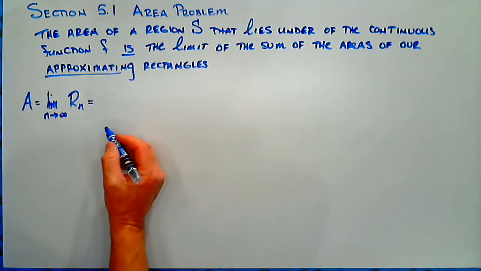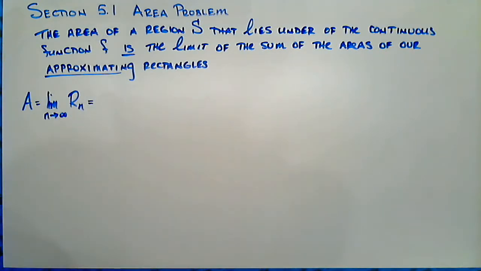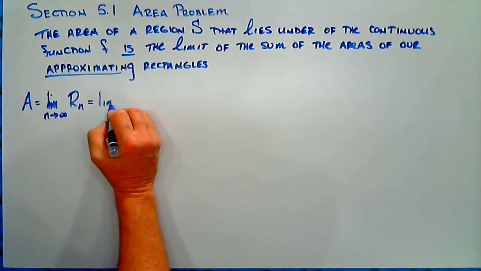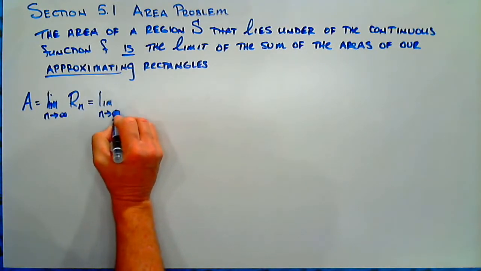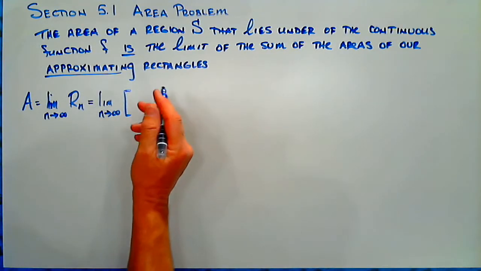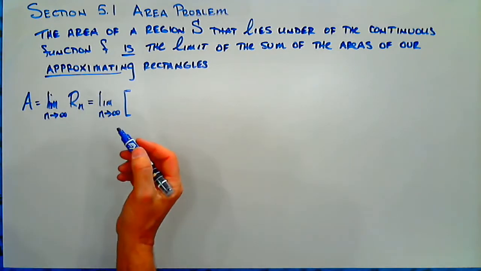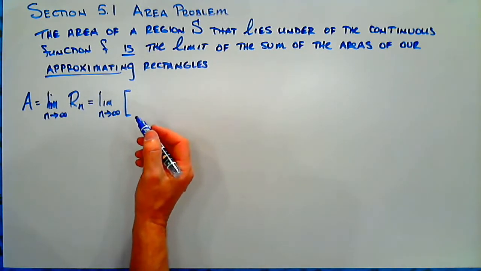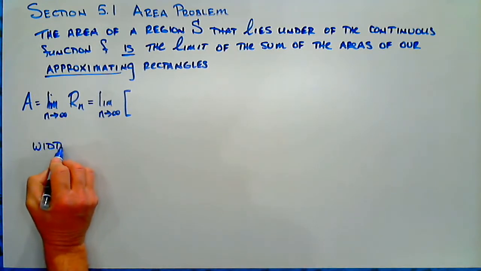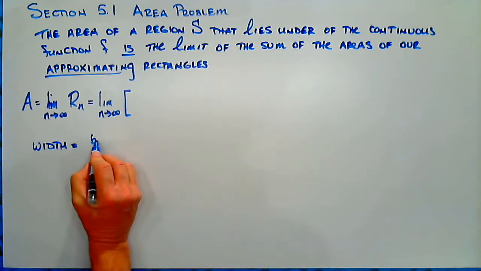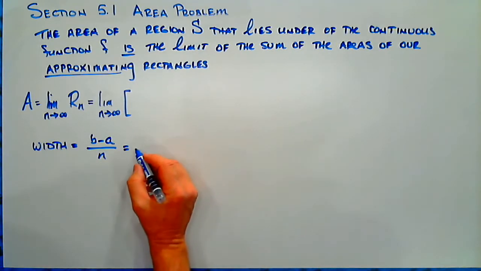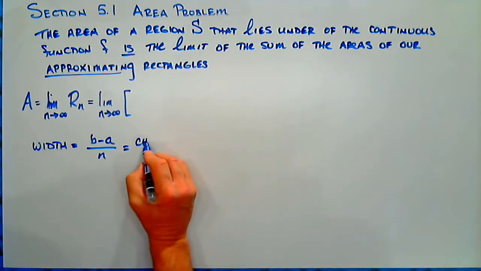It looks like the limit as n goes to infinity of our width, which you and I called (b minus a) over n. We're going to call that the change in x.